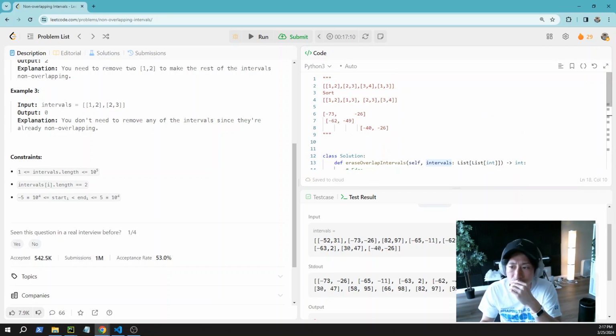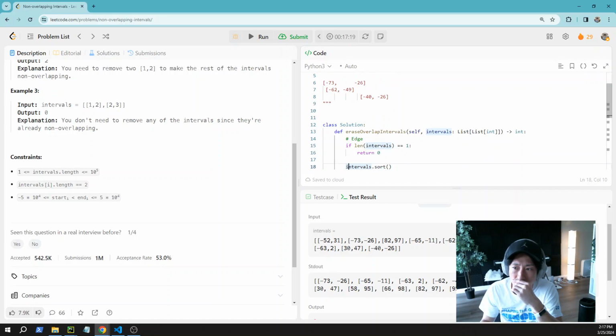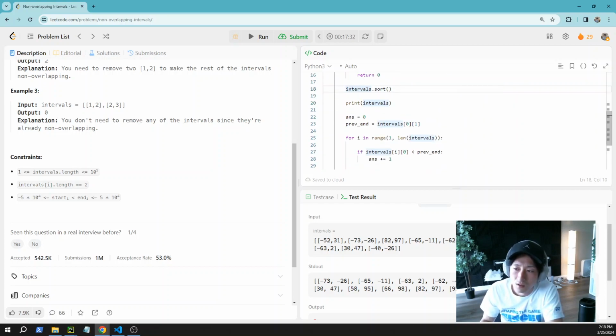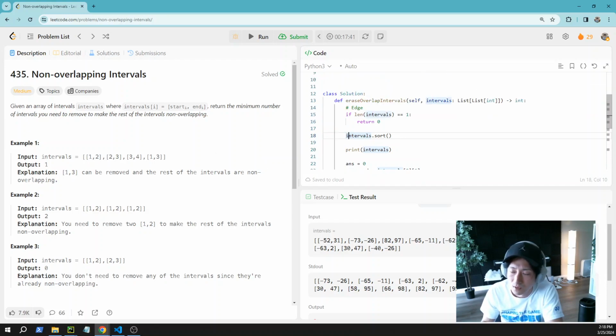So it looks like what I have to do is sort by ending, because as I said, I want to have a shorter end so that the next one is not going to overlap.